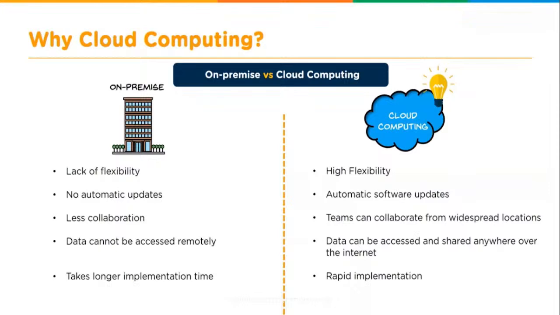In on-premises, the data will be present inside the domain controller, and even a valid user trying to access the data from outside the organization is a tough task. But with the cloud, as long as someone has internet, access is just a few mouse clicks away. It's quite simple in the cloud.